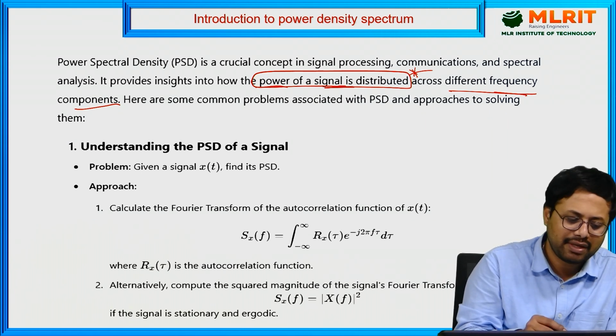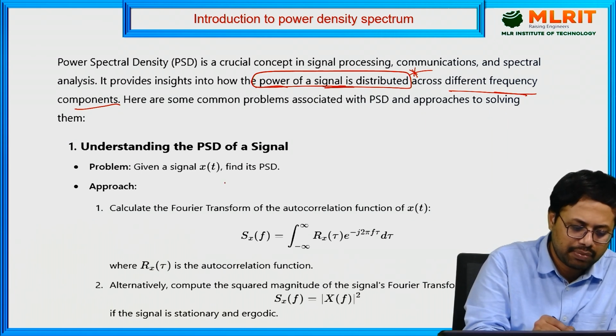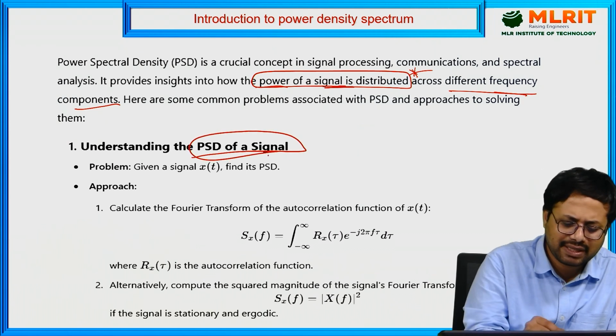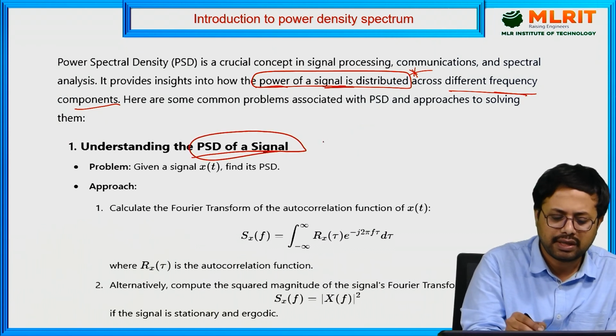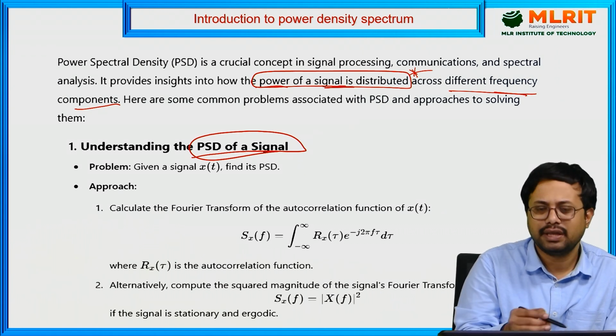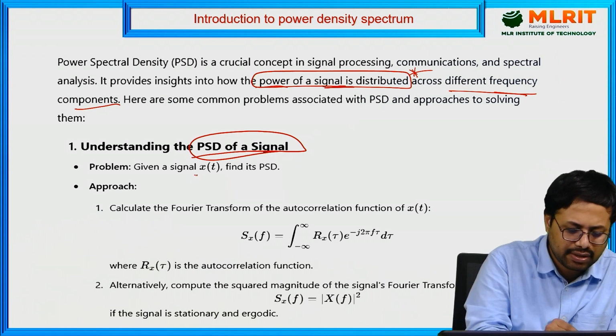For the first example, understand the PSD of a signal. It may be either a signal, a process, or a function. Here we are calculating for any process or signal, X of t.